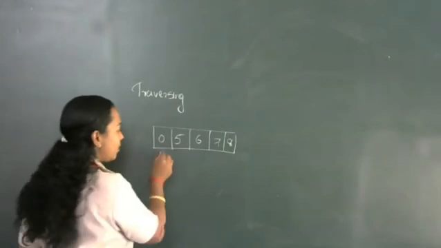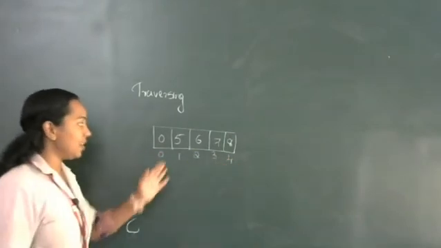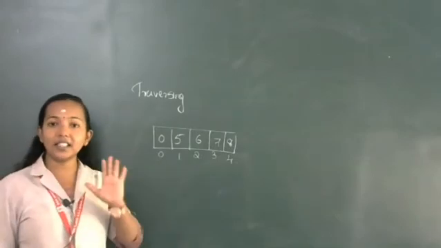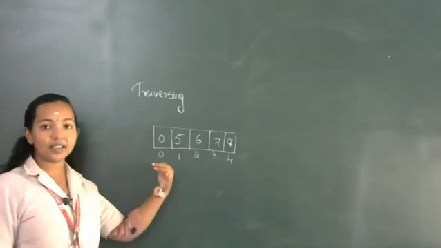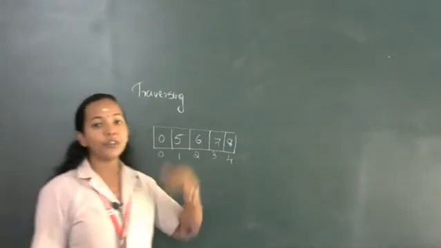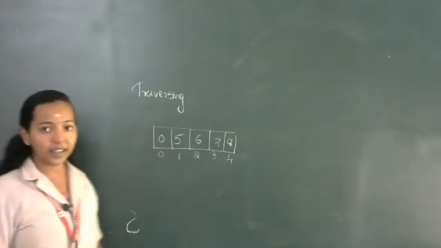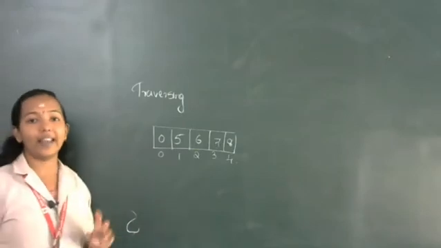The index values are 0, 1, 2, 3, 4. That means this array's size is 5. If you want to access the elements from 0 to n-1, that means 0 to the 4th location, that is known as traversing, accessing all the array elements.